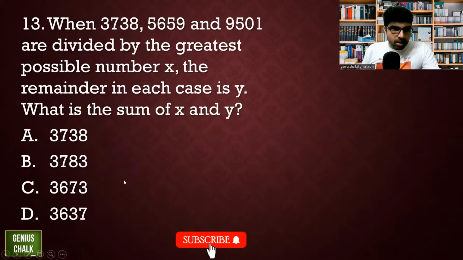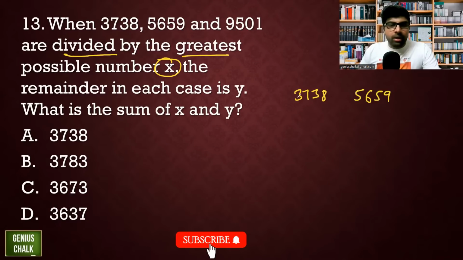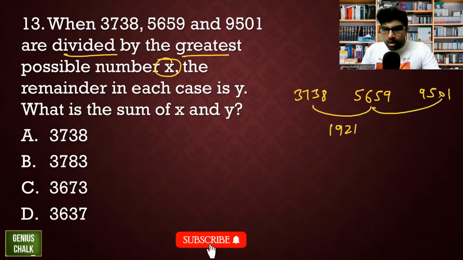When this number is divided by the greatest possible number x. So let's find 3738, 5659 and 9501. Let's find the difference first. So for the greatest number, difference: 9 minus 8, 1. 5 minus 3, 2. 16 minus 7 is 9, and this is 1.